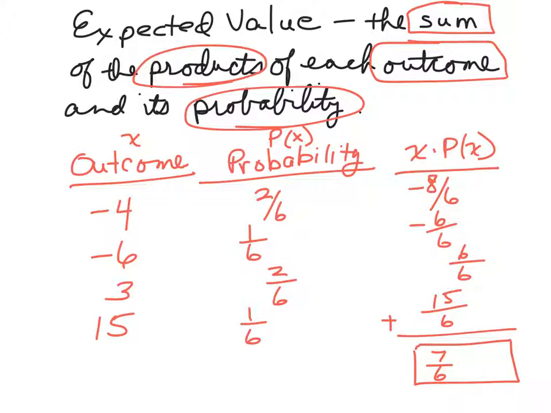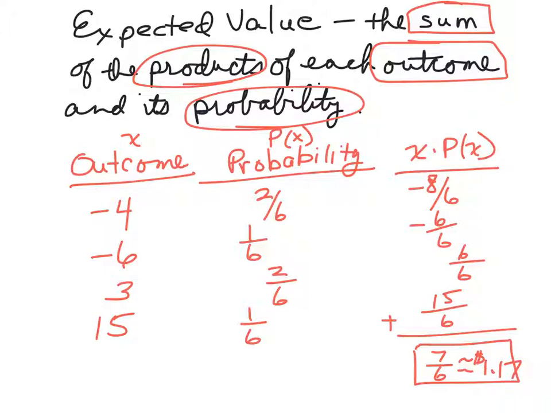And if you change that to a decimal, that's approximately $1.17. So if you played this game, say 500 times, you would come out approximately $1.17 ahead per play. That's what the expected value means.